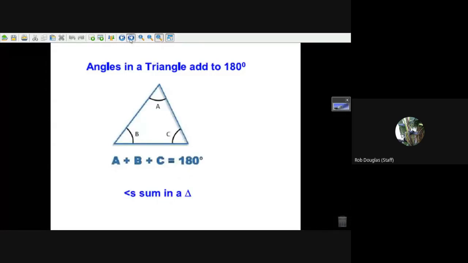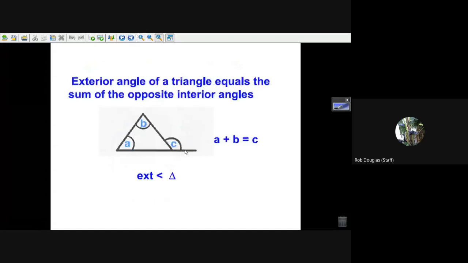Here's one that's a little bit harder. I mean, thinking about why it's true might take a little time. But if you have a triangle and you extend the line out beyond the triangle, there's an angle that's formed here. It's called the exterior angle. Something special happens.